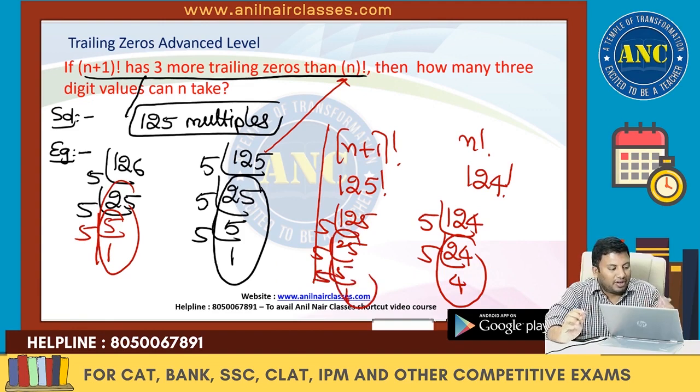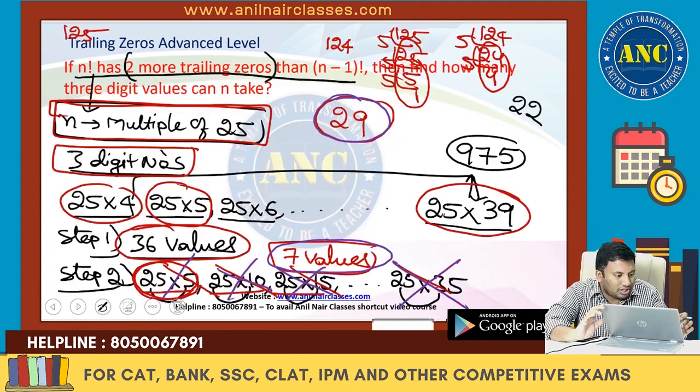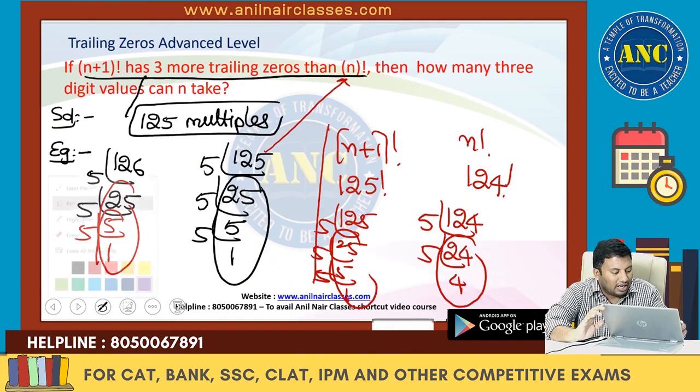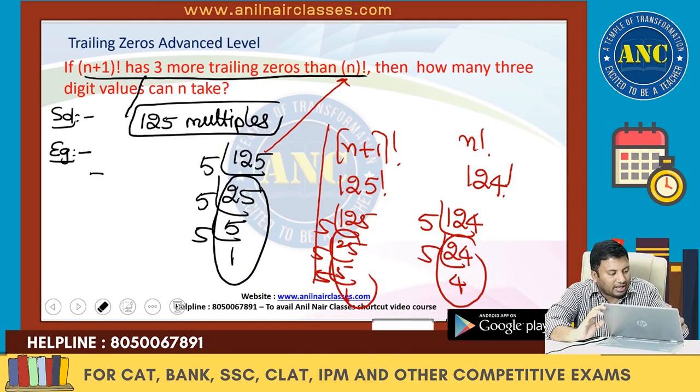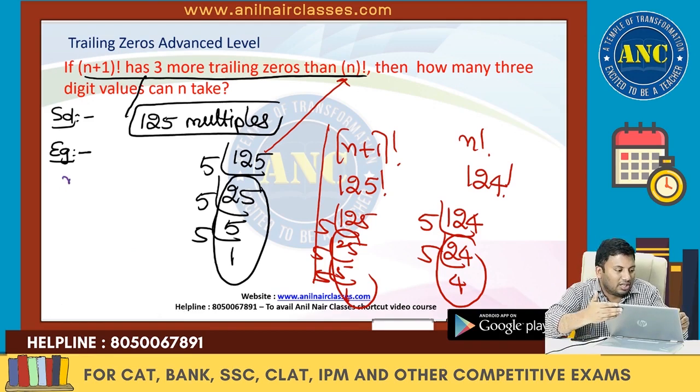That means a very, very important concept. What is the previous question? Previous question is n and n minus 1. Here n and n plus 1. So n cannot take 125. The conclusion for this question is n plus 1 should be a multiple of 125.